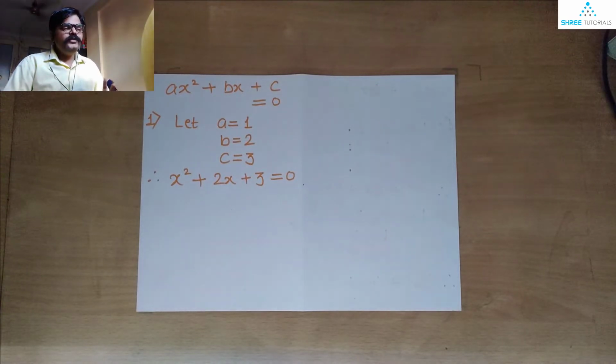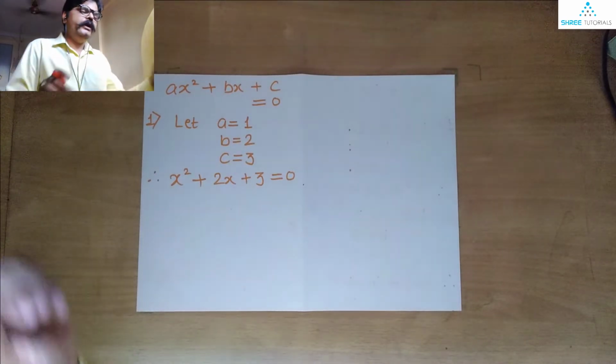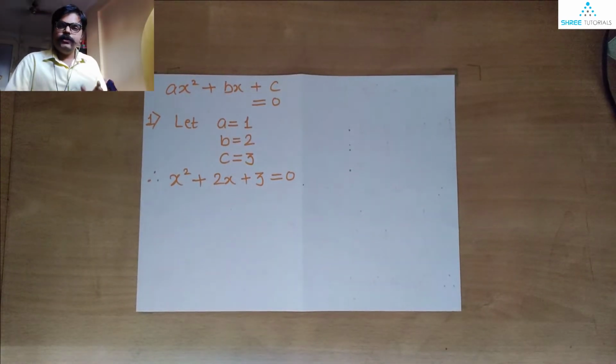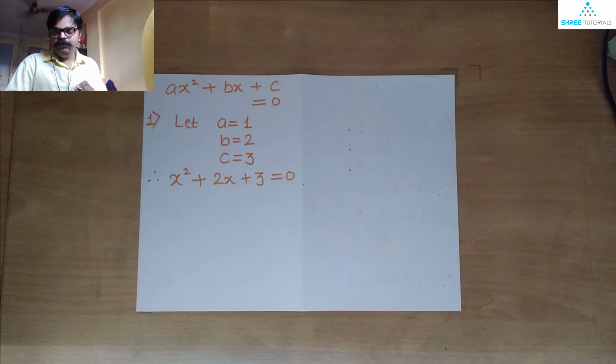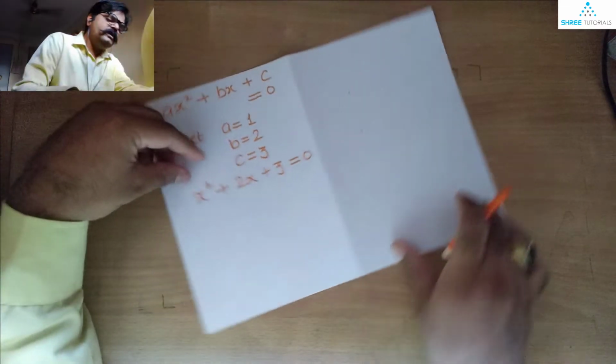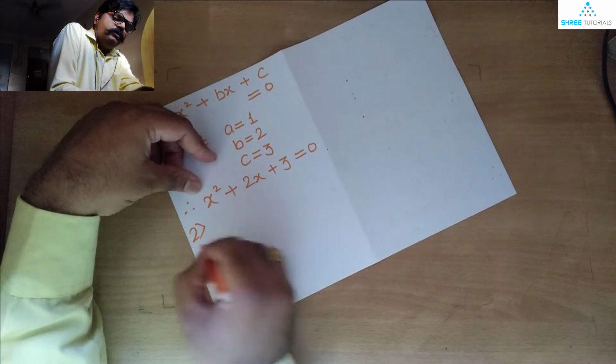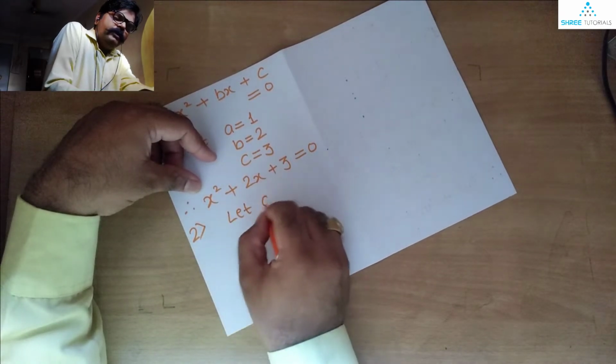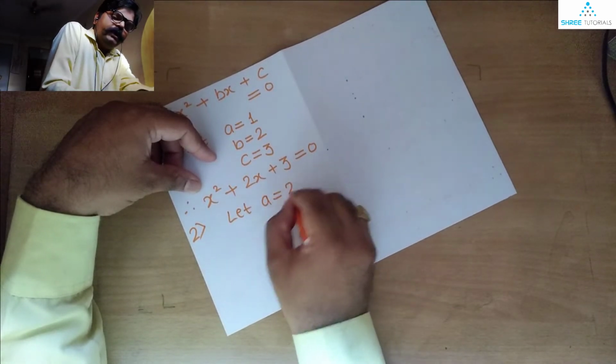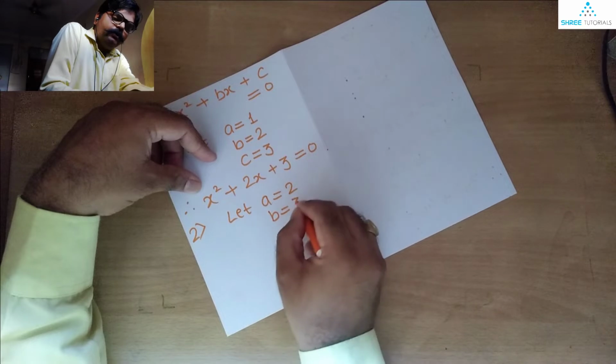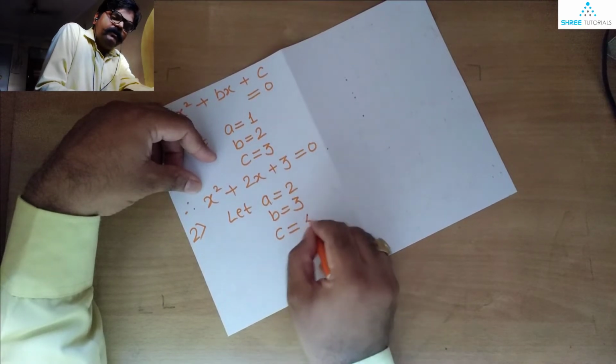Now we are due for the second example of a quadratic equation. For the second quadratic equation, we are going to change the values of a, b, c, and also the variable. We shall be using m as the variable. So for our second quadratic equation, let a is equal to 2, b is equal to 3 and c is equal to 4.